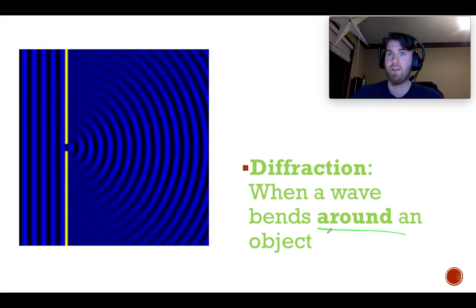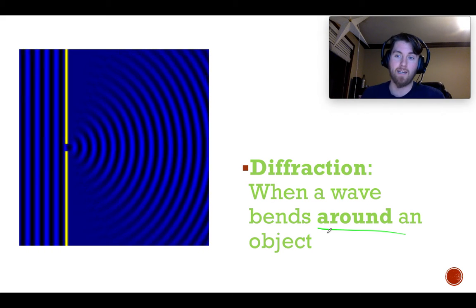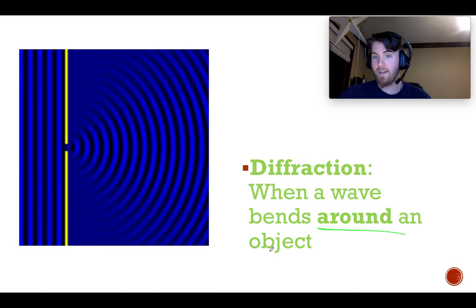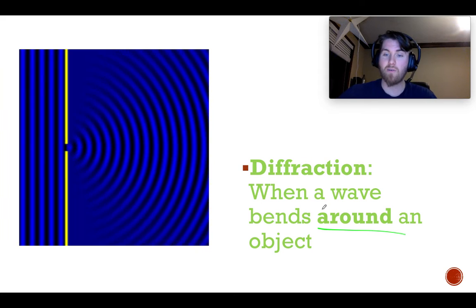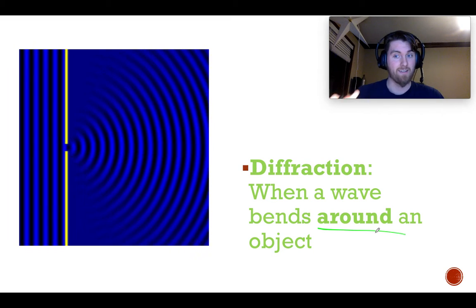If I'm way off in the distance and I yell out your name, you can hear me even if you cannot see me. That's a way to represent diffraction. As I'm moving, that wave bends around an object, and it really does take a slow wave. So you don't see diffraction much in light, but that is one of our 3.